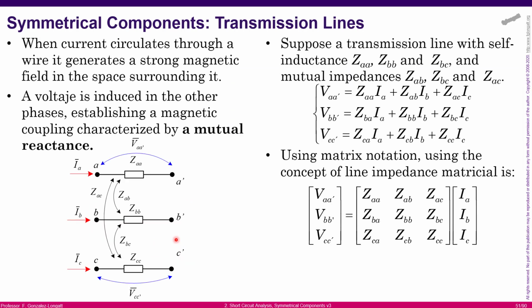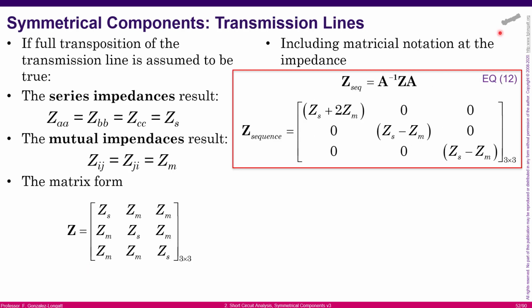But coming back to my explanation, using the symmetrical components, we can obtain the sequence matrix for the transmission line, and that means that this will be the zero sequence impedance for the transmission line, and this will be the positive sequence, and this will be the negative sequence for the transmission line.